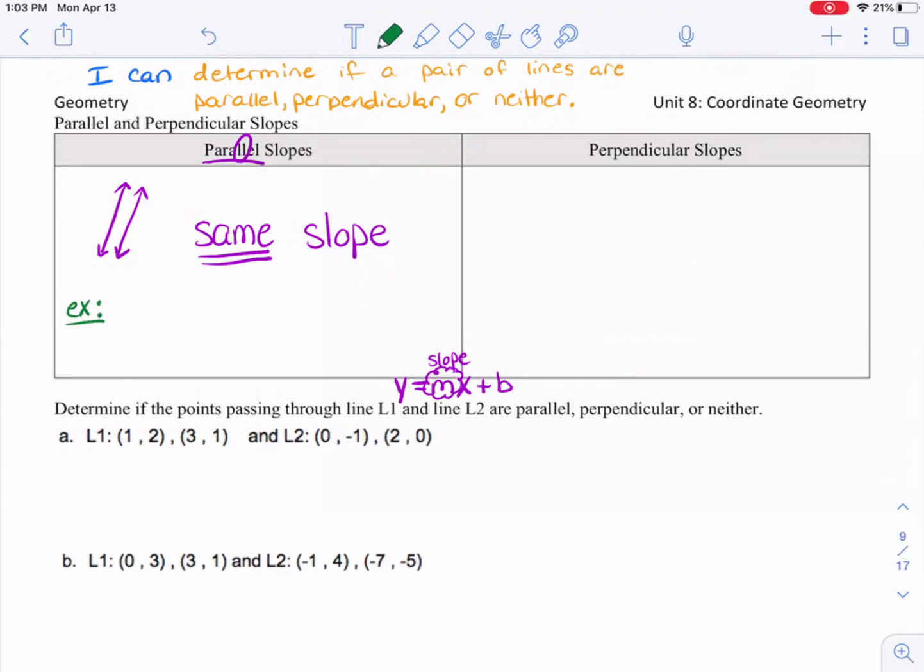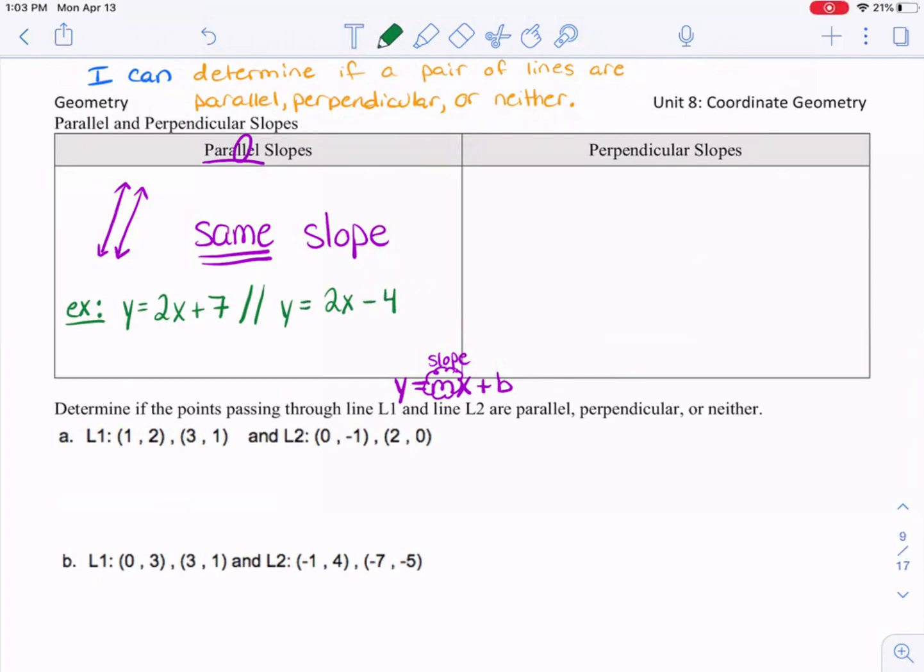Let's look at an example. Let's make one up. How about y equals 2x plus 7 as our first line, and our second line, y equals 2x minus 4.